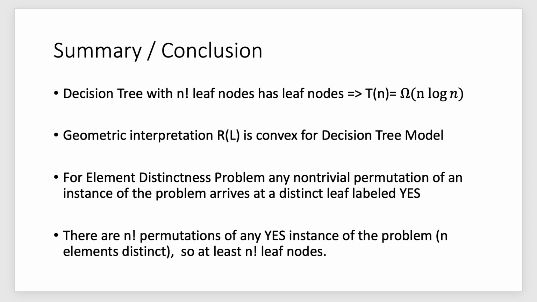So there are at least n! leaf nodes on the decision tree model, which leads to a lower bound time complexity of at least n log n. That was what I wanted to show you. Thank you.